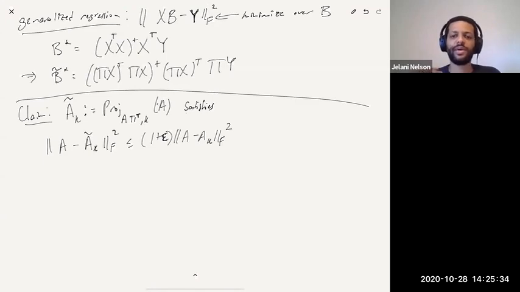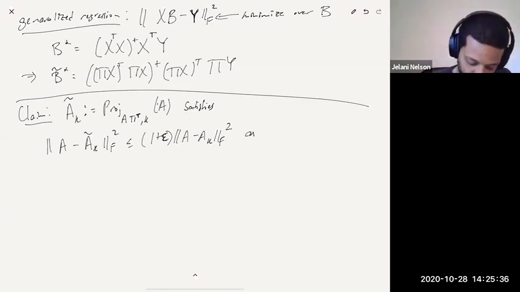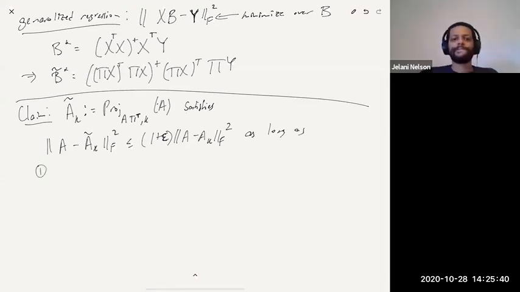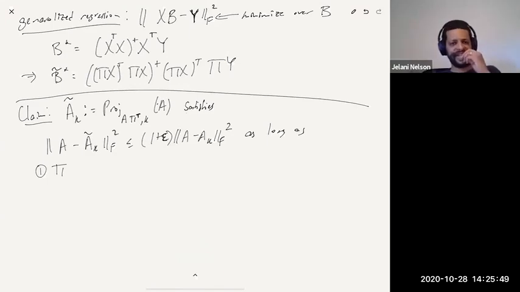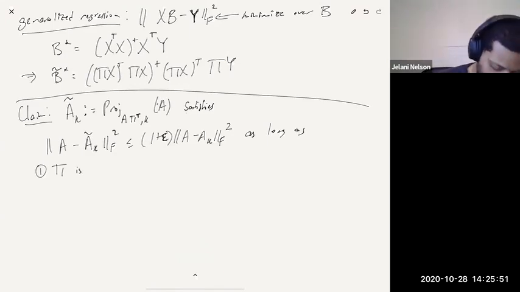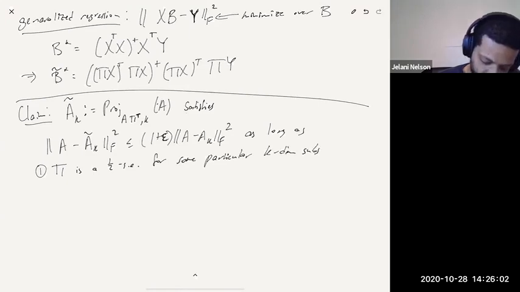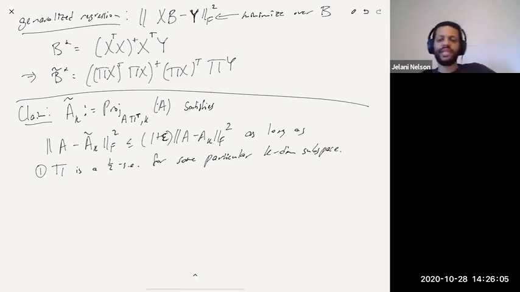So what's the thing that we're going to say about pi? As long as, one, pi is a 1/2 subspace embedding for some particular k-dimensional subspace, and we'll see what that subspace is.